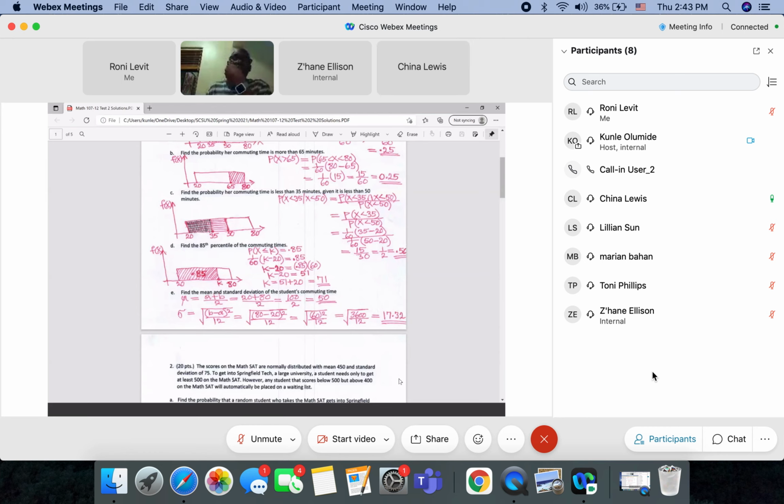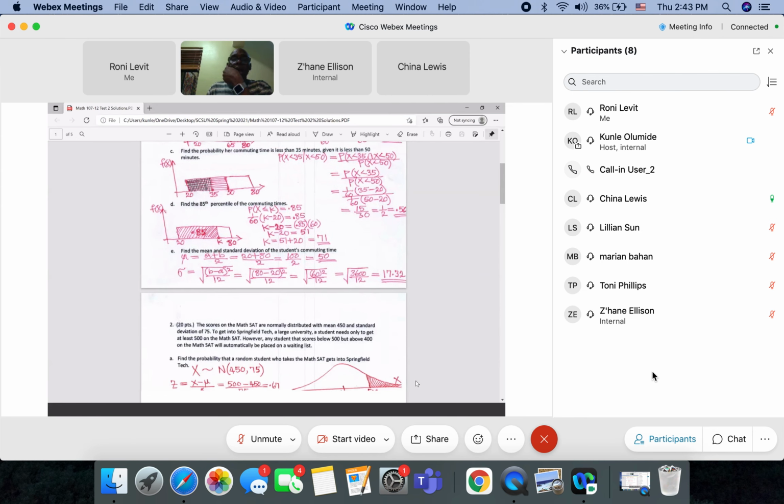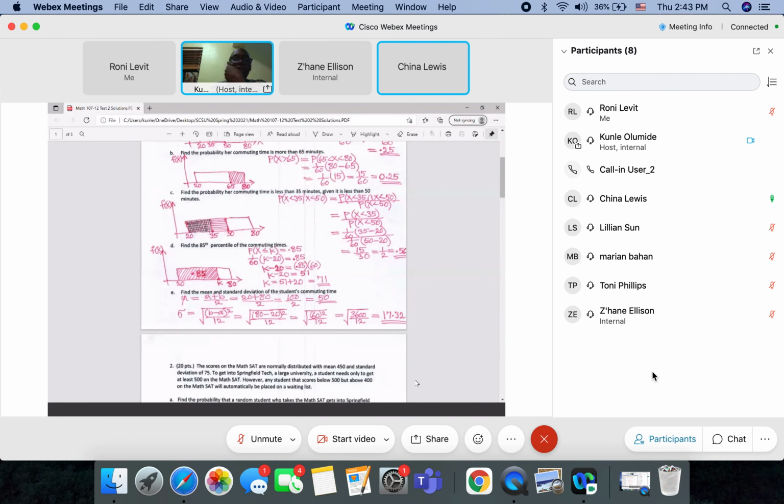However, any student that scores below 500 but above 400 on the math SAT will automatically be placed on the waiting list. Find the probability that a random student who takes the math SAT gets into Springfield College.